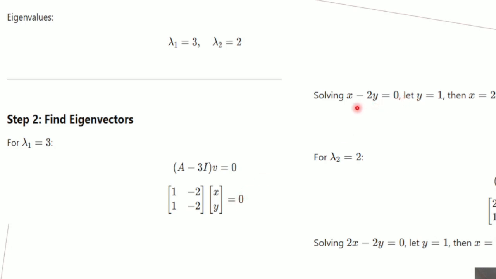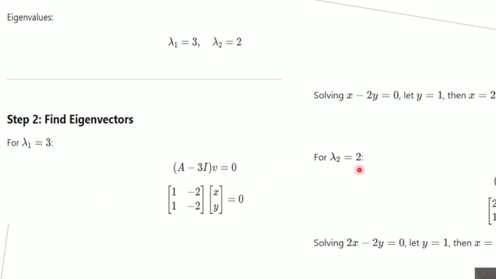Solving this, x minus 2y equal to 0. So we put the y value 1, then x equals 2. This is the eigenvector v1 equal to the column matrix [2; 1].